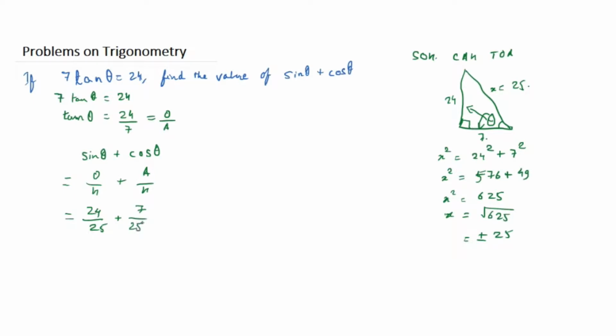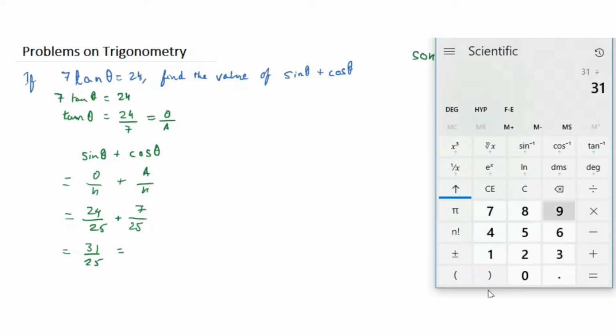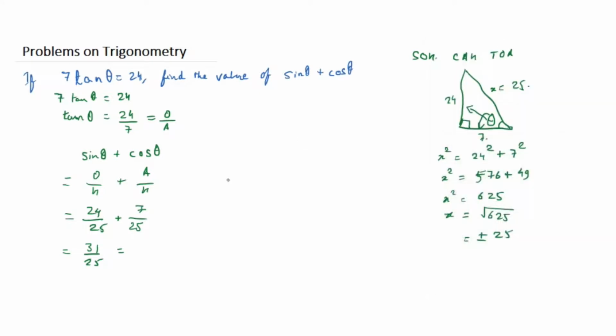So that gives me 24 plus 7, 31 over 25. Or I can simplify it, 31 over 25, that gives us 1.24. Therefore sine theta plus cos theta will be 1.24. So that's my answer.